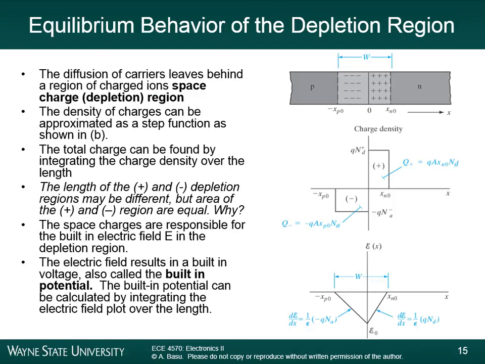So let's now go to the equilibrium behavior of the depletion region. We're going to get into the electrostatics of the depletion region. We've gone over some of these concepts already. The total charge can be found by integrating the charge density over the length.